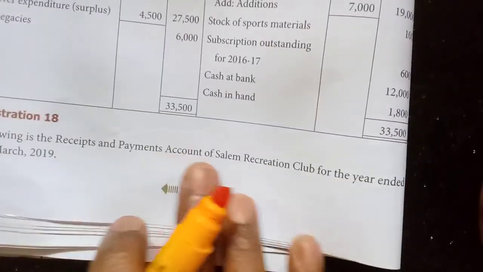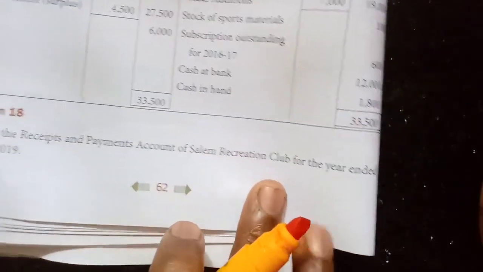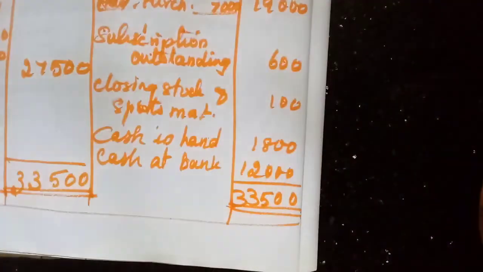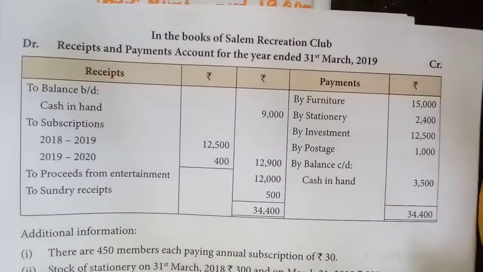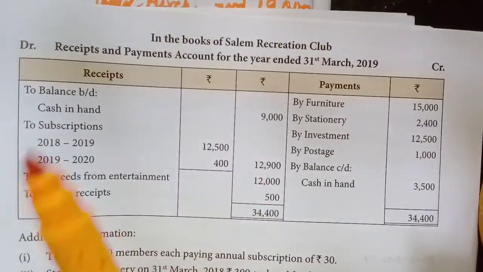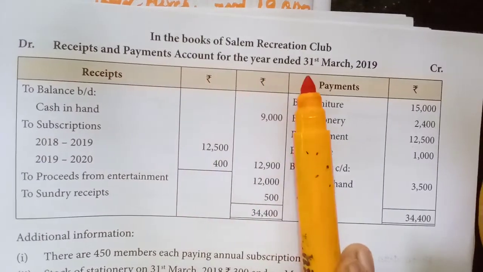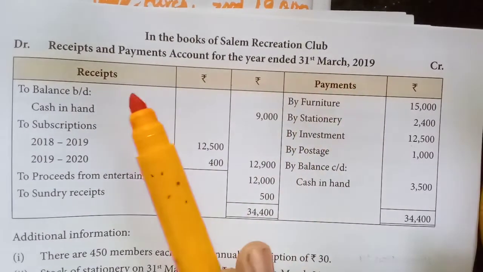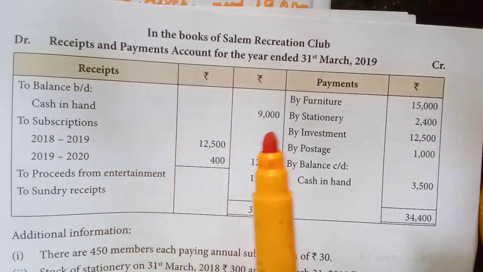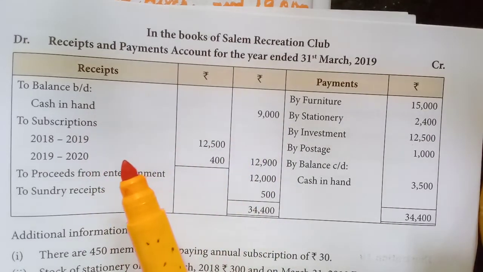Following is the receipts and payments account of Salem Recreation Club for the year ended 31st March 2019. In the books of Salem Recreation Club, receipts and payments account for the year ended 31st March 2019, receipt side: balance brought down, cash in hand 9,000, then subscription, 2 years given.